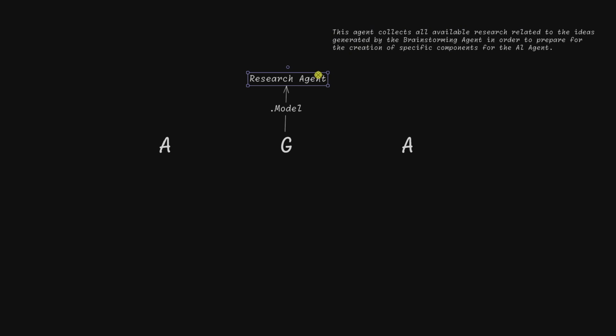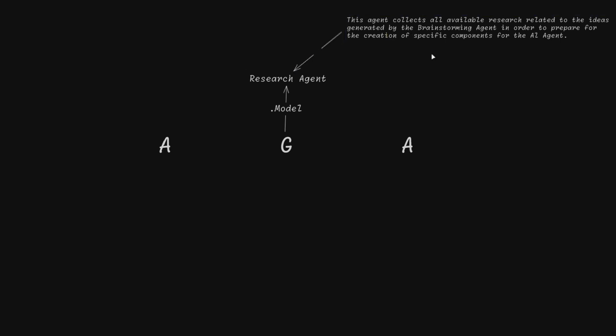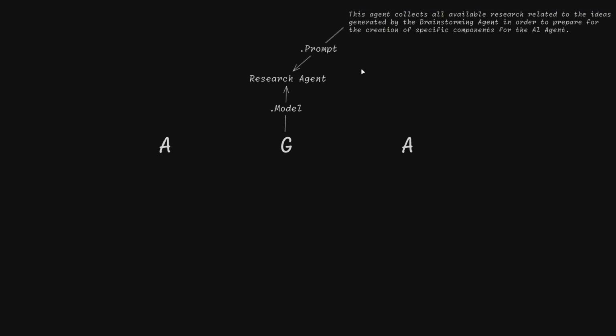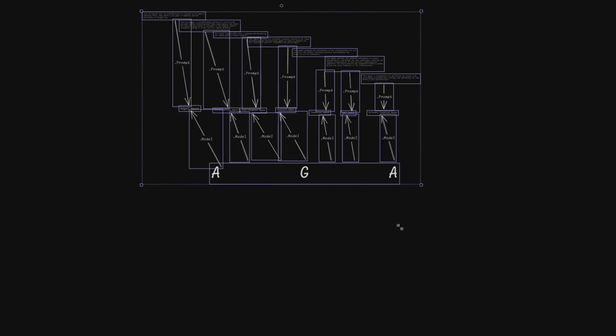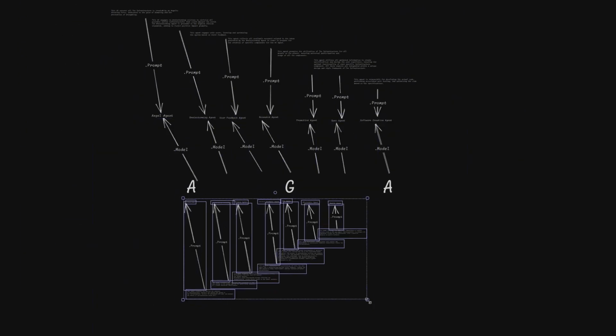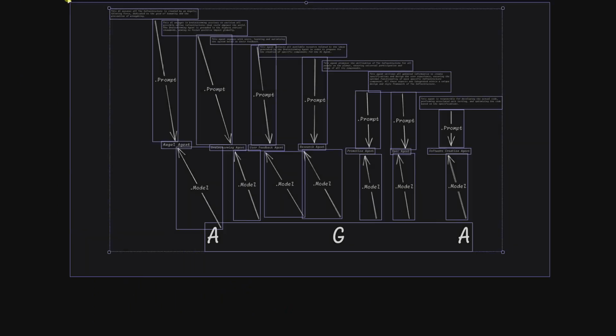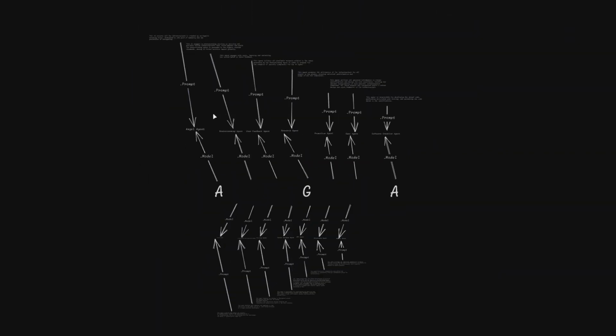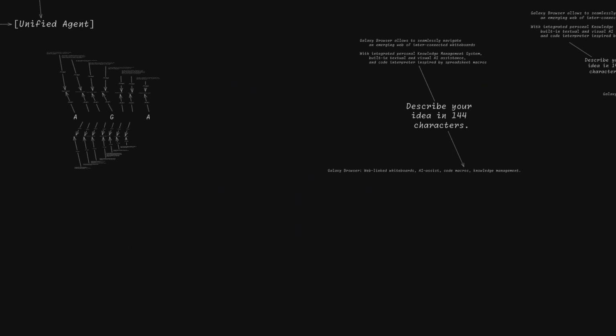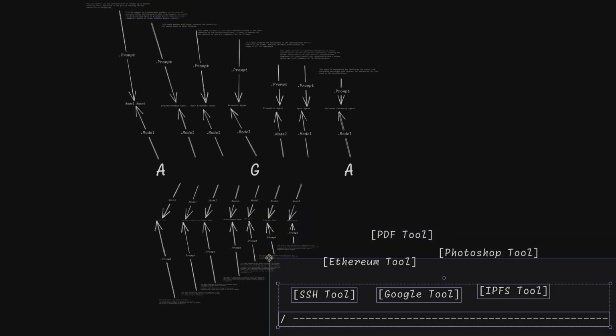Similar to the way we did with the mathematics agent, we define a model, which in this case, instead of GPT-4, is AGA, and we define a prompt for each of those agents. 16 of them use the same model AGA, but each of them has an individual prompt and each of them has different tools.